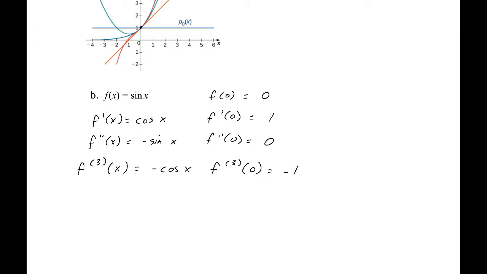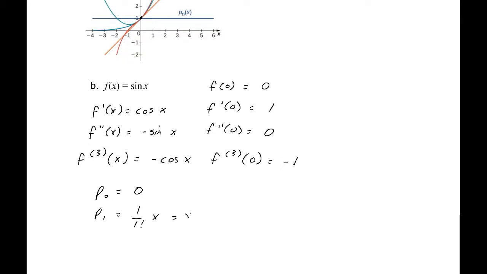All right, so our 0th Taylor polynomial will just be 0. Our first Taylor polynomial is 1 over, we're just going to leave off the 0, 1 over 1 factorial x, which is just x.